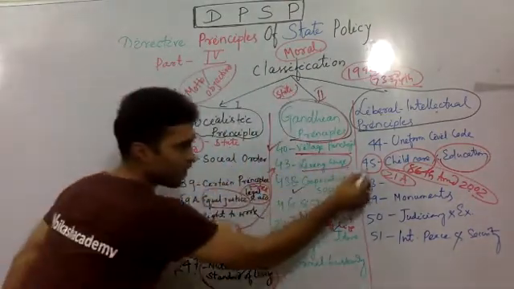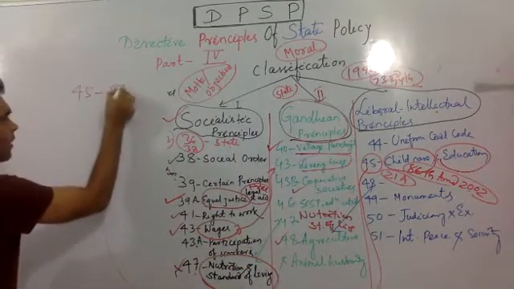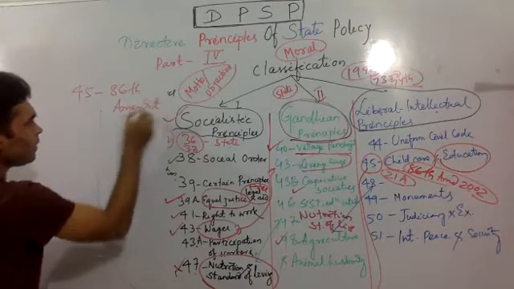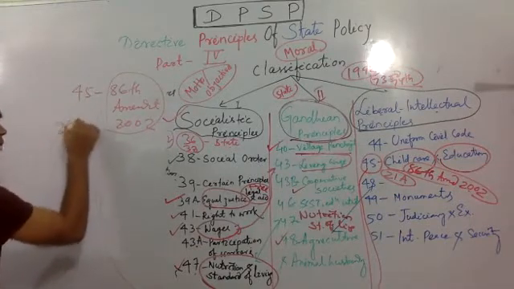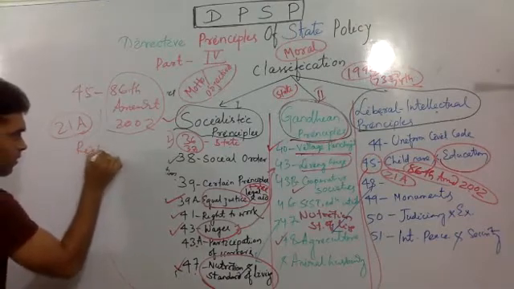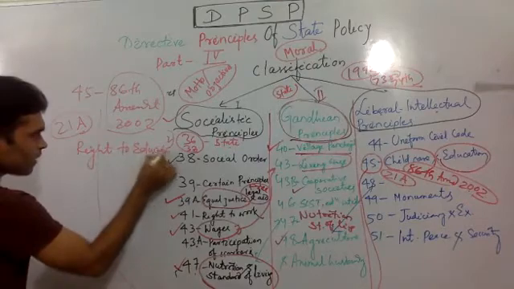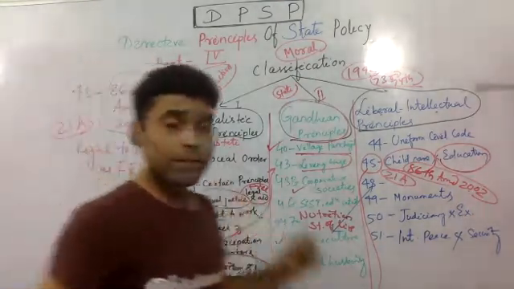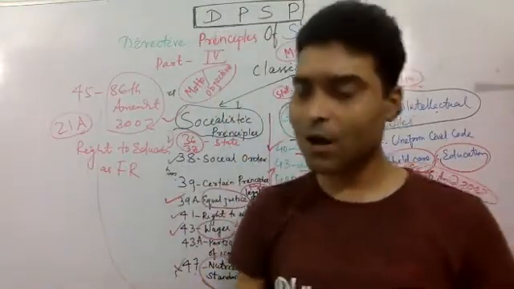This Article 45 was added by the 86th Amendment 2002, and this amendment also added 21A, right to education as a fundamental right. Are you getting my point? This is very, very important from the exam point of view. I hope this is clear for all of you.